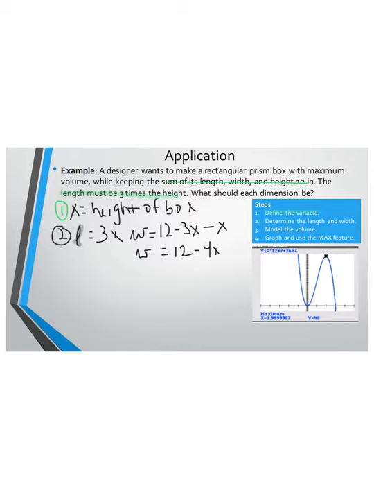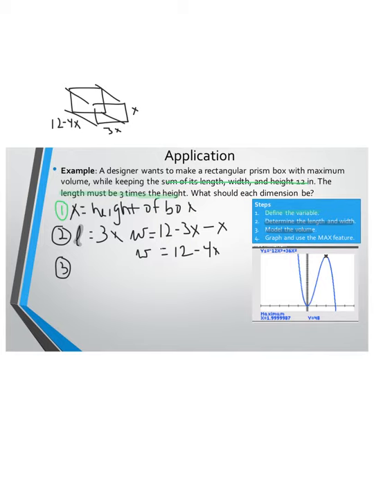Now we have enough information to do step number 3, which is model the volume. Remember, a rectangular prism looks something like this. We know the height is x, the length is 3x, and the width is 12 minus 4x. To find the volume of a rectangular prism, you multiply the length times the width times the height.